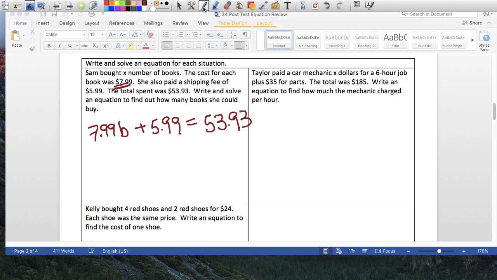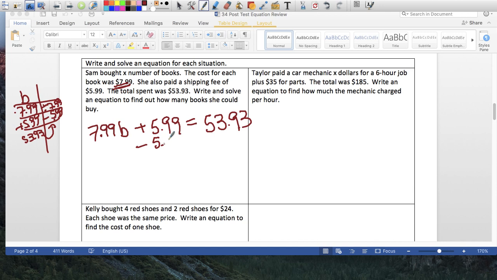So let's find out how much she paid for each book. Again, story. You can do the story. You have a variable b times $7.99 plus $5.99 equals $53.93. So we're going to do the inverse operation. It's going to be minus $5.99 and then divided by $7.99.